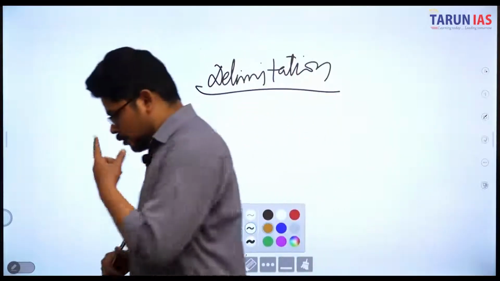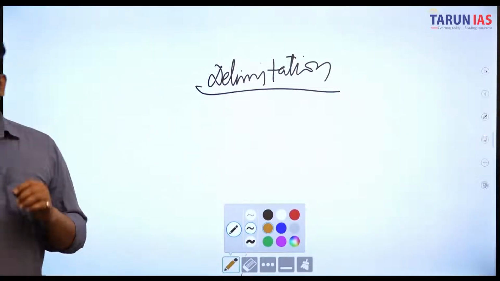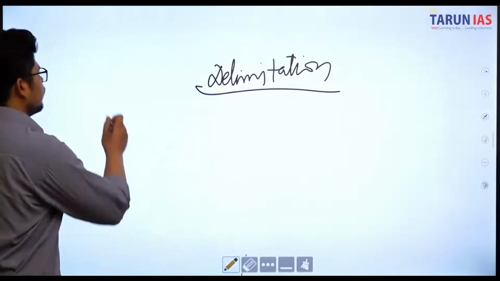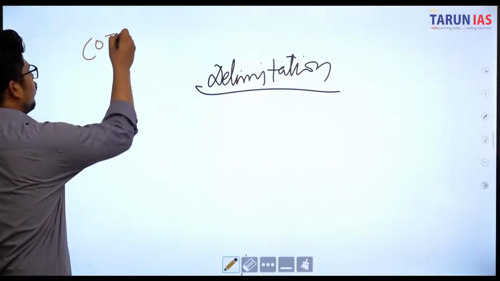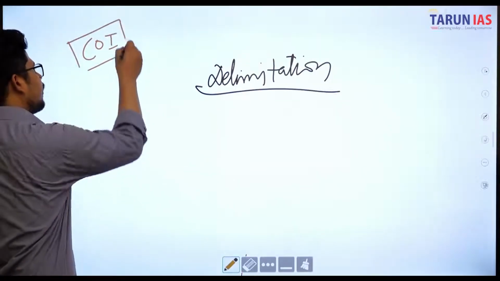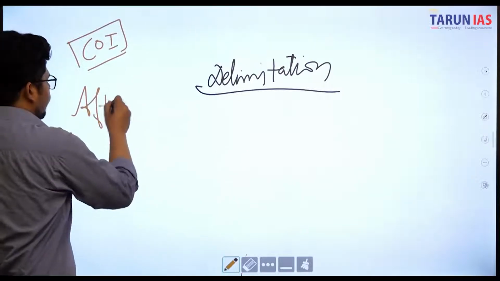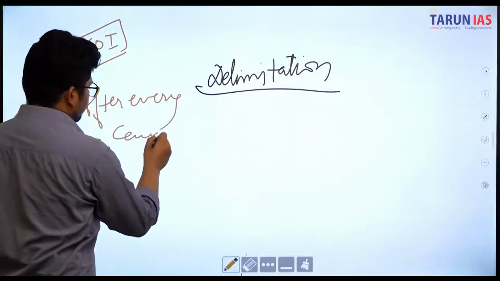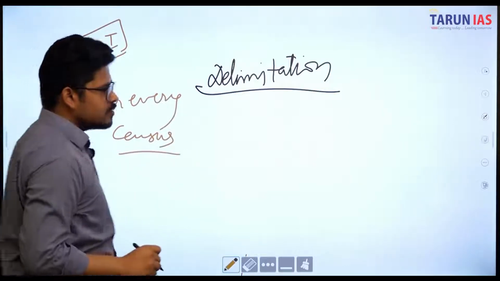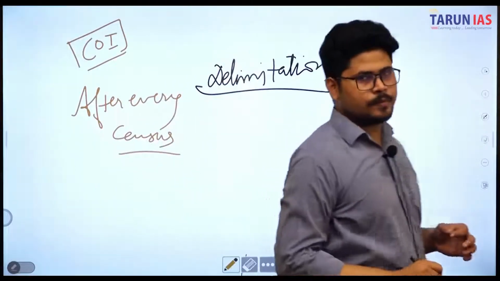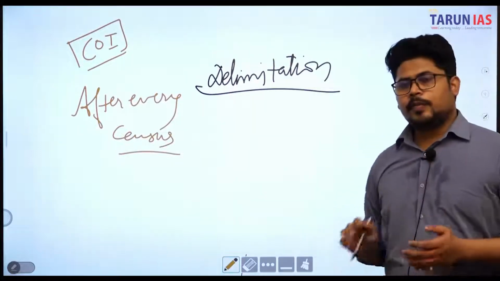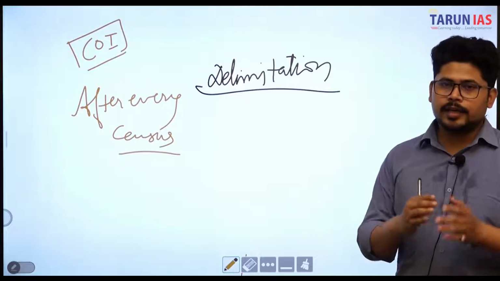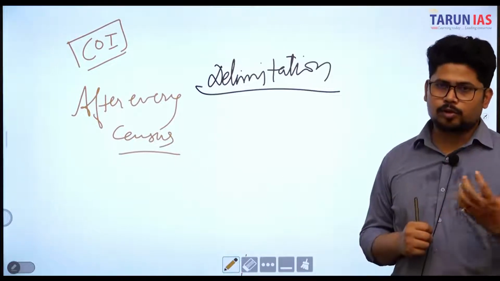The Constitution of India provides that after every census, which is conducted every 10 years, the Parliament shall form a commission to delimit the boundaries of the territorial constituencies.